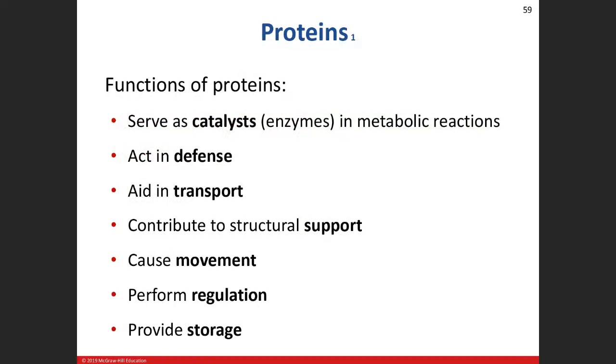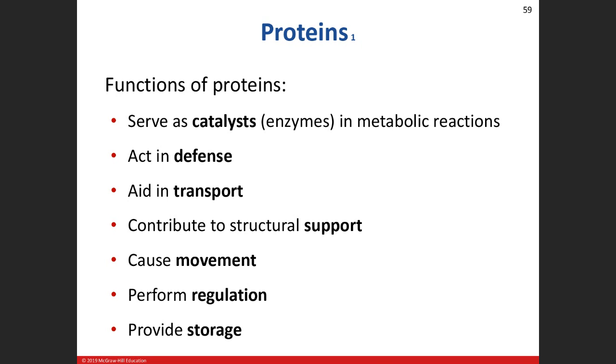Moving on to the next macromolecule, and that's going to be our proteins. Now this is probably one of the most important slides. If you're watching this and taking notes, you should put a star next to this, because this is showing you all the different functions for proteins. As you can see, we'll talk about several of these this semester.